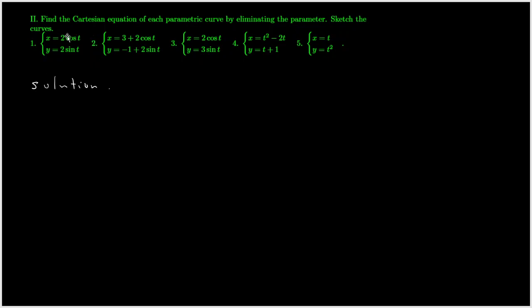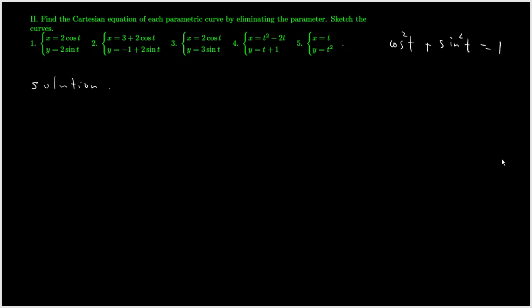Now, to convert the parametric equations to a Cartesian equation, we need to do something to cancel out t, right? To get a relation between x and y. So that makes sense? The only thing we need to use is the trig identity we have seen before: cos of t, the whole thing squared, plus sine of t, the whole thing squared, is equal to 1.